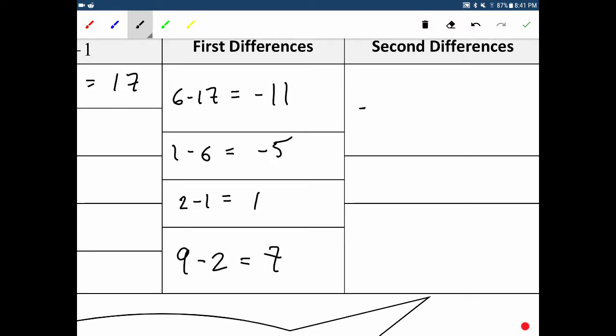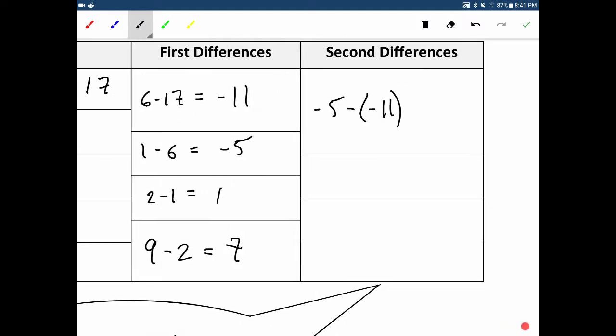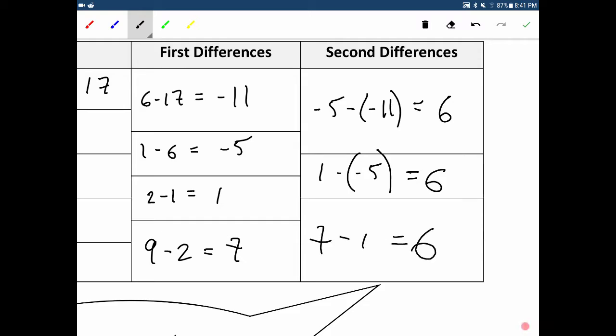And what we're going to do now is we're going to do our second differences. So we say -5 minus -11, and that's going to give us +6. And then we'll have 1 minus -5, which is also going to give us 6. And then we'll have 7 minus 1, which also gives us 6.